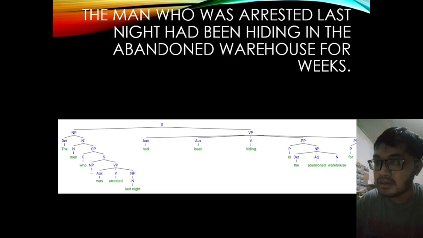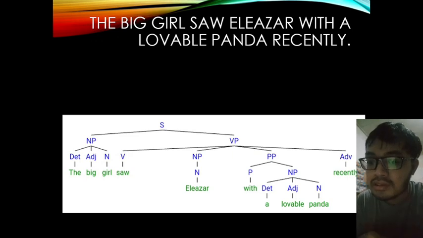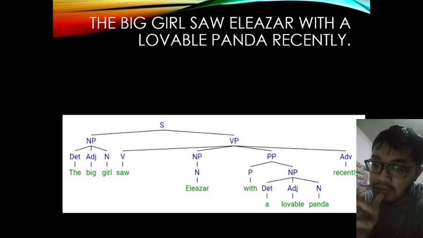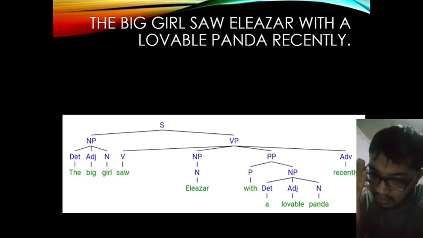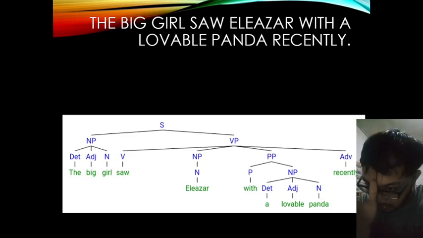Anyway, the last sentence, the fifth sentence: The big girl saw Eliza with a lovable panda recently. The subject is the big girl, with big as an adjective modifying girl. The main verb is saw, and the direct object is Eliza, a proper noun.